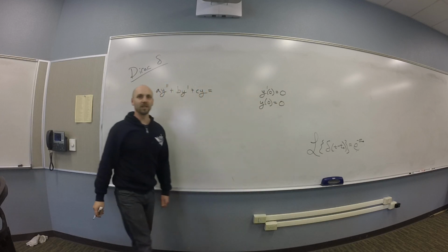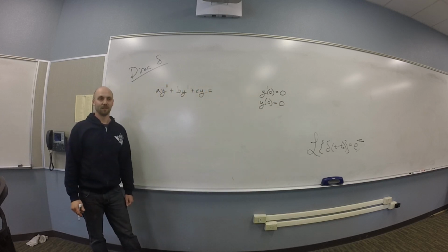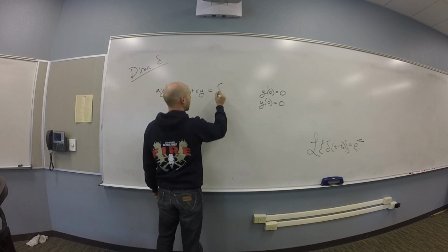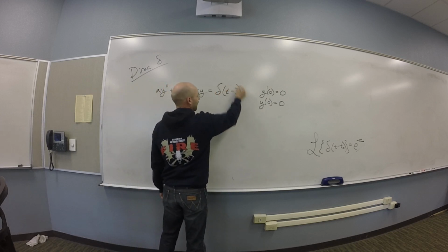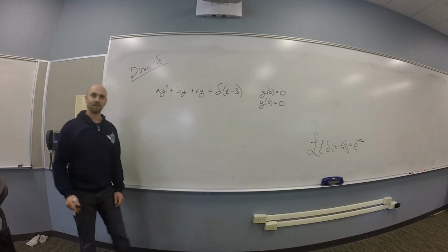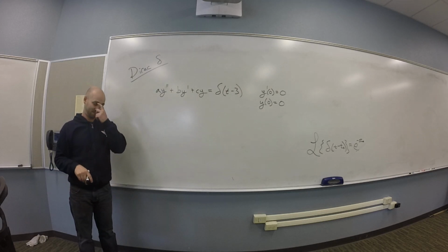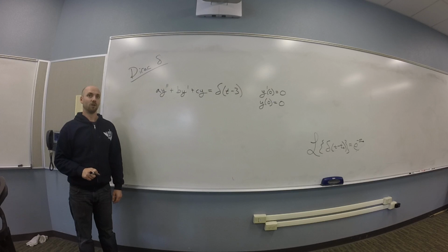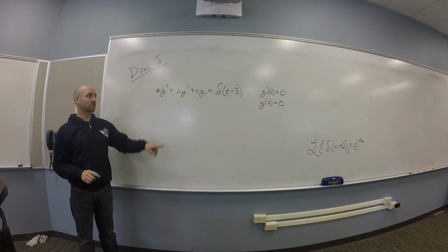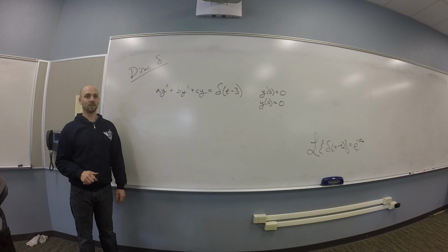So this is your spring just chilling. And then you give that thing a solid whack at time 3. In physics though, the time is never really 0. This thing actually does a nice job of modeling things that seem to take no time.